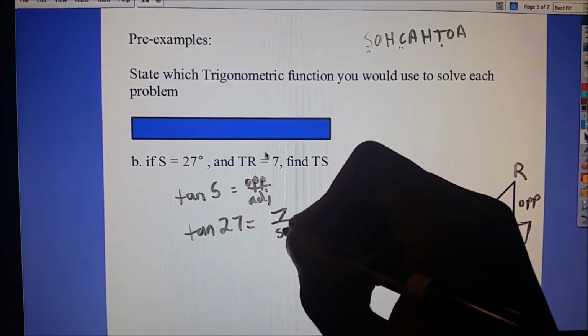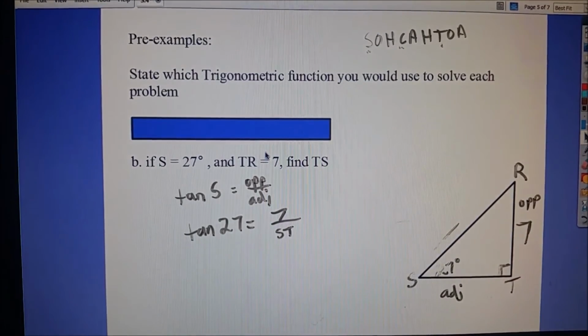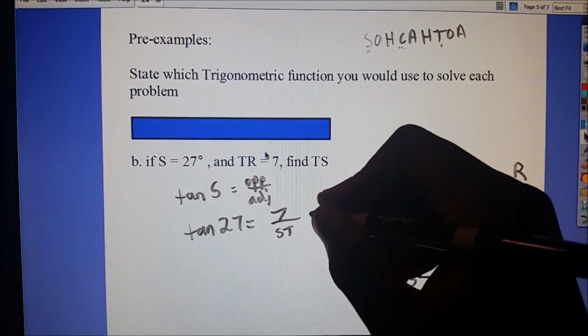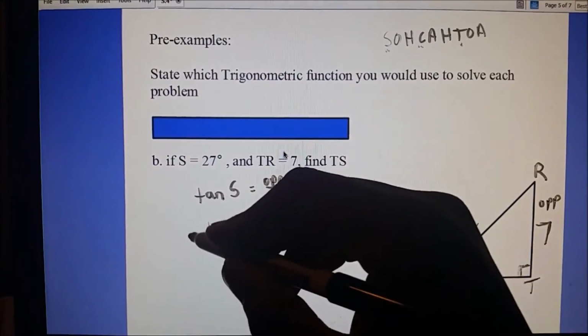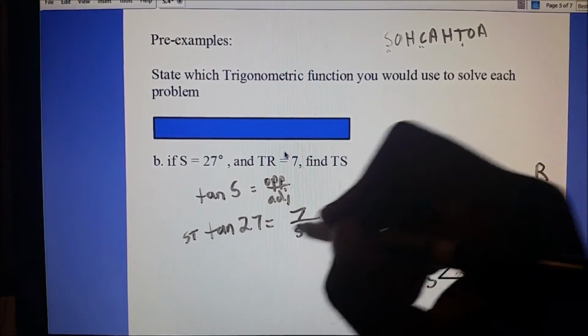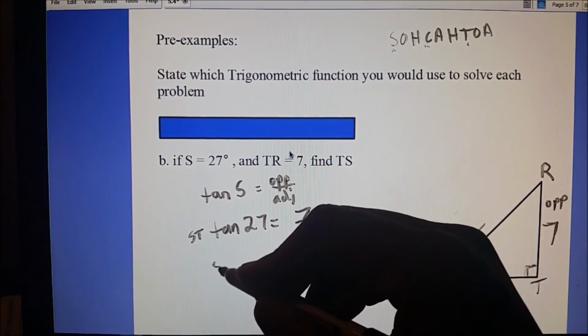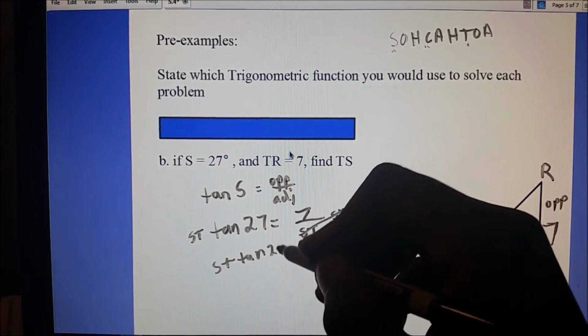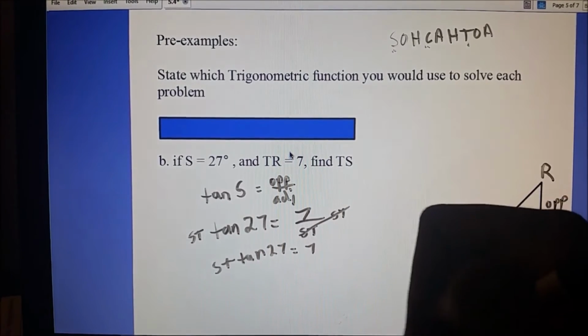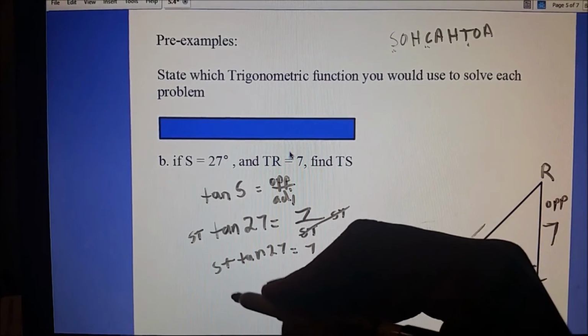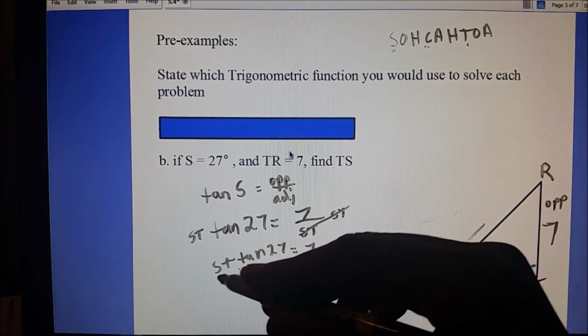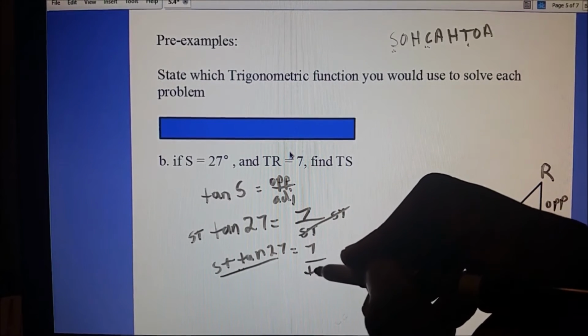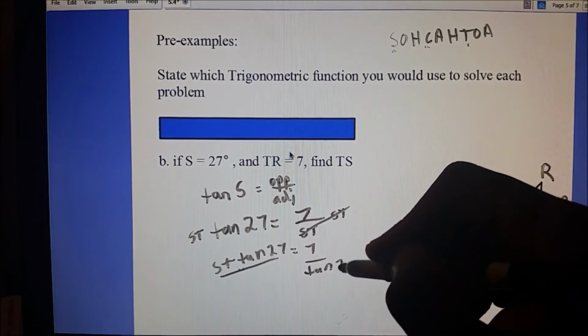So let's put ST here, okay? We gotta go with the same process. So it would be ST and ST. These cross out. You have ST times tangent of 27 equals 7. Okay. Then you got to divide both sides by tangent of 27.